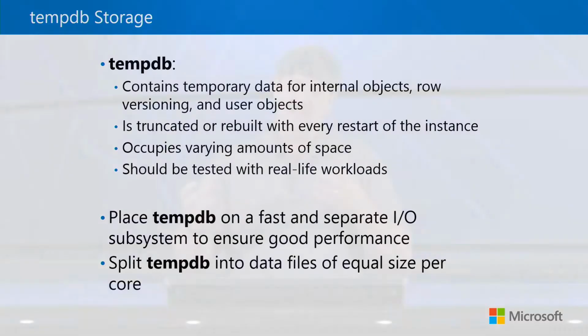So we can split the Tempdb up into multiple files. They should all be of equal size. And if you remember earlier, they recommend one Tempdb file for every core in the server. As you add more and more cores, you can reduce that ratio. But up to about 8 cores, they recommend one file for each core for the Tempdb database on a separate subsystem.